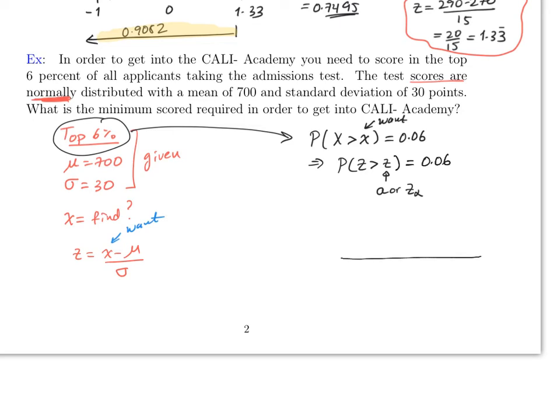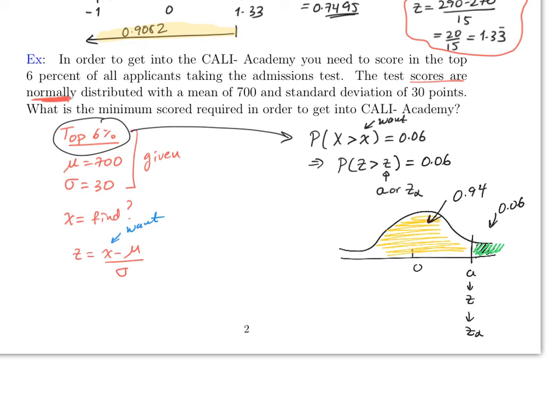So that means that there is some value here of A, or you can call it Z, you can call it Z of alpha, where this area, which is technically the green area, is equal to 0.06, which means that the yellow area, the one you found on the table, has to be 0.94.